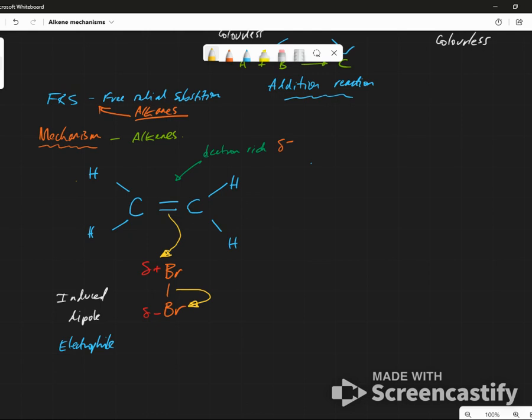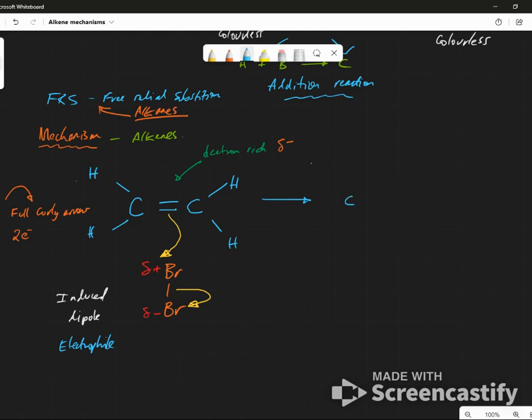Now, what type of curly arrow have I used here? This is a full curly arrow, and because it's a full curly arrow, it means the movement of 2 electrons. So what's going to happen then?